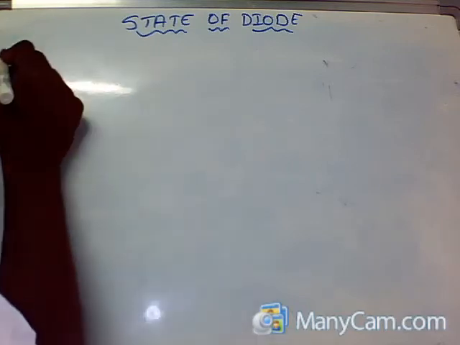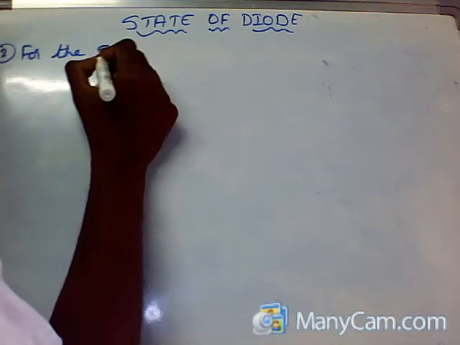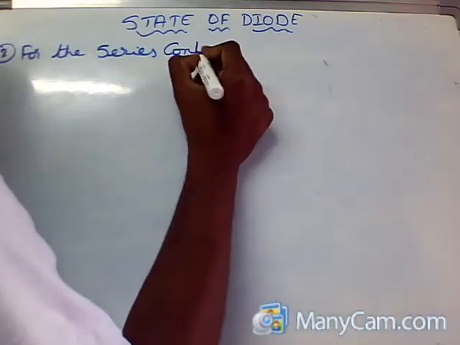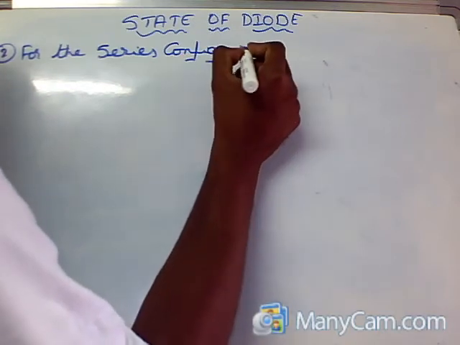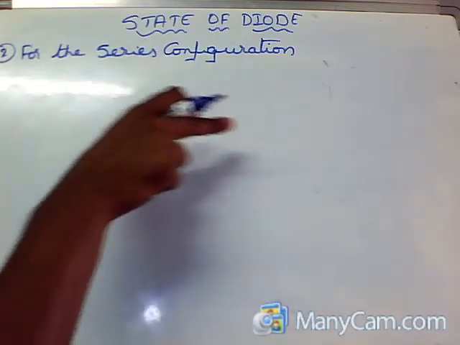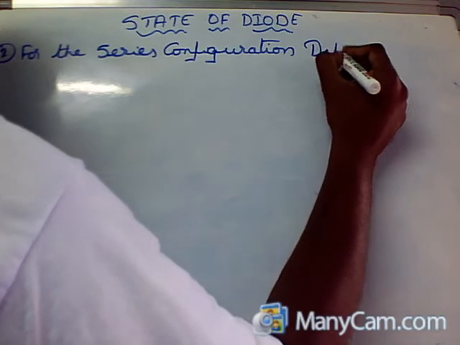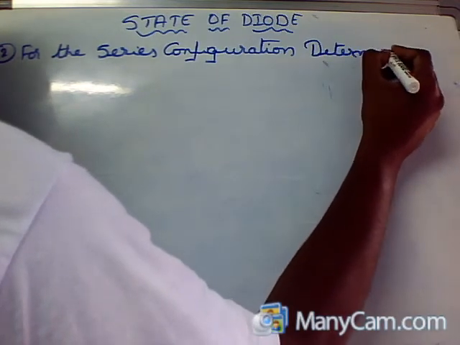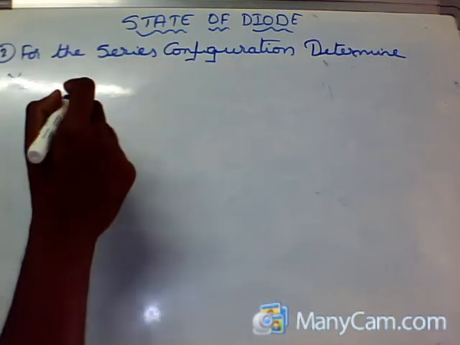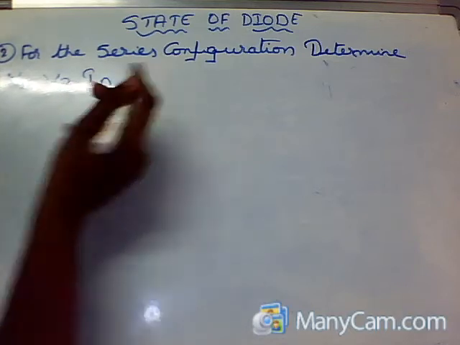For the series configuration, determine VD, VR and ID. Same question.